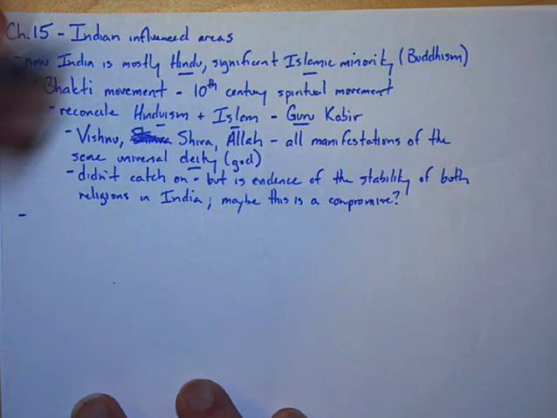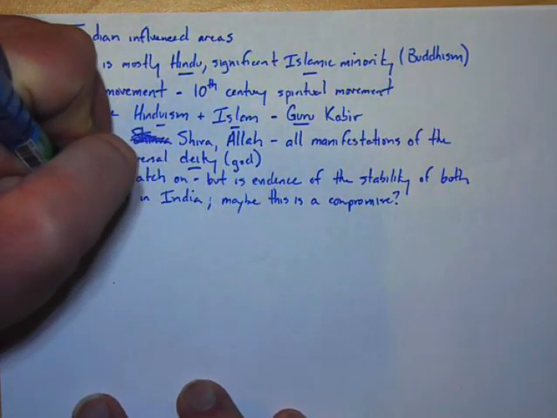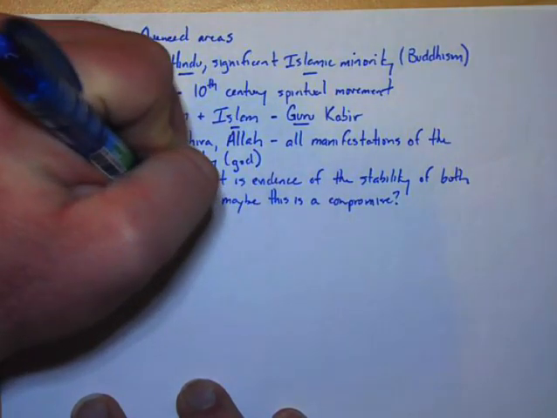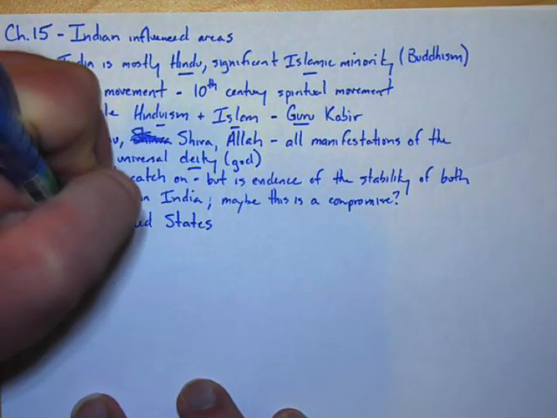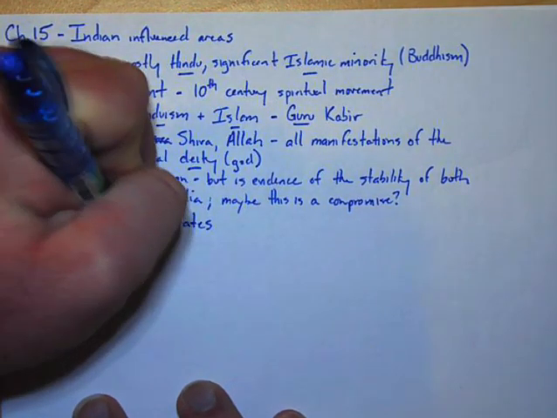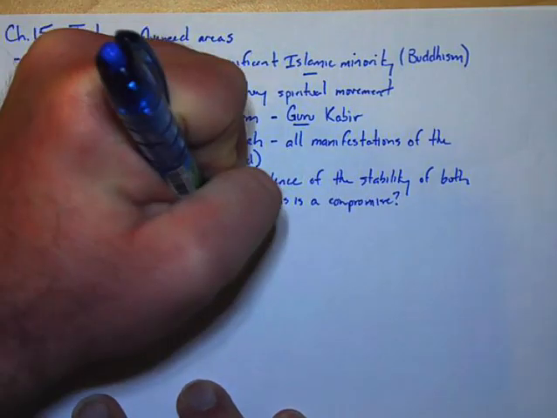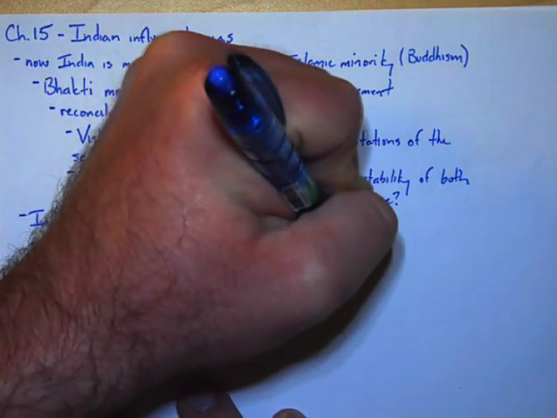So these are Indian influenced states. Like China, the areas around India will be influenced by it.